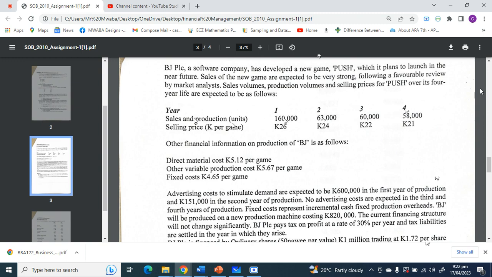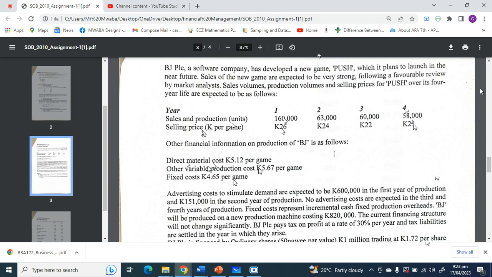This is the selling price of the game: year one 26 kwacha, year two 24, year three 22, year four 21. We've also got information on direct materials cost and other variable production costs, with our fixed costs.